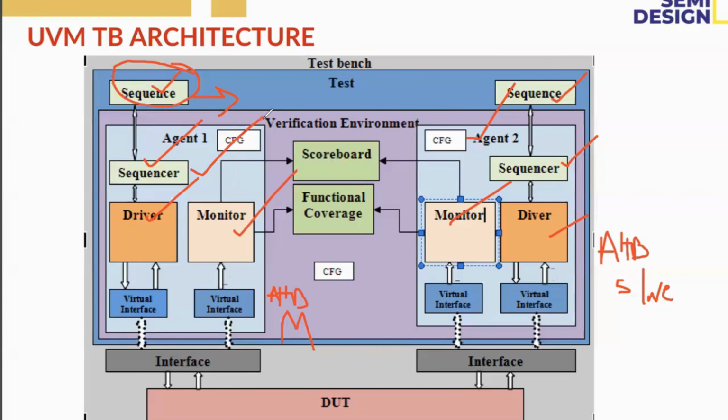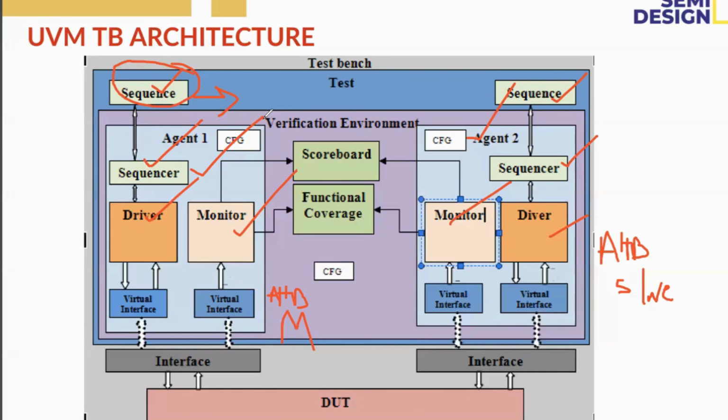Whatever transactions are generated from the sequence, the sequencer will send to the driver. So the driver will have the stimulus, and that stimulus will be transferred to the DUT via the interface. The driver will convert the sequence item into the pin level for the DUT.